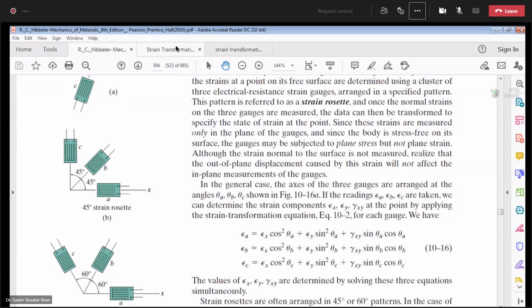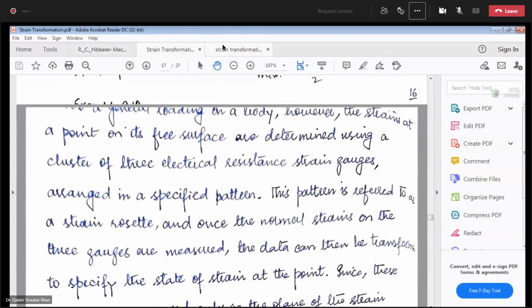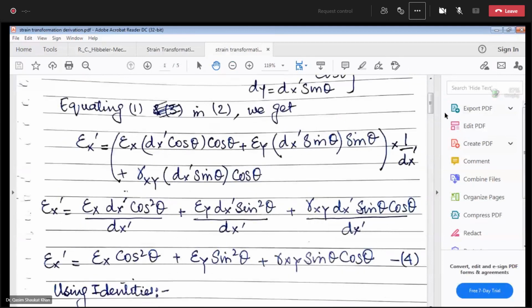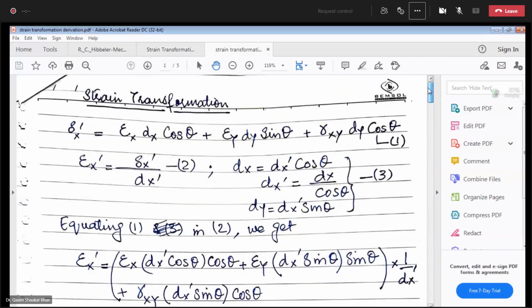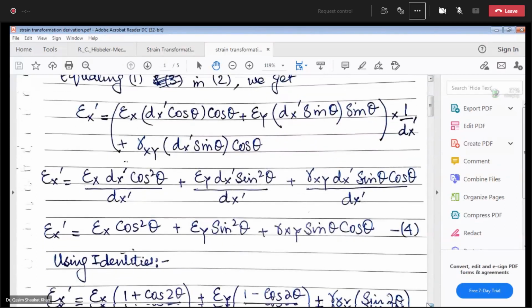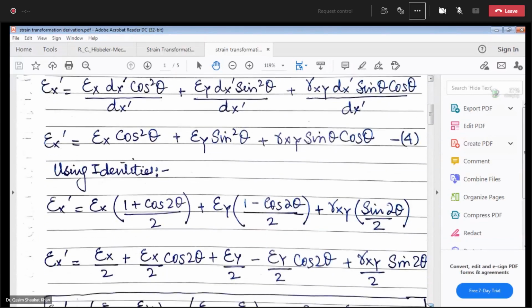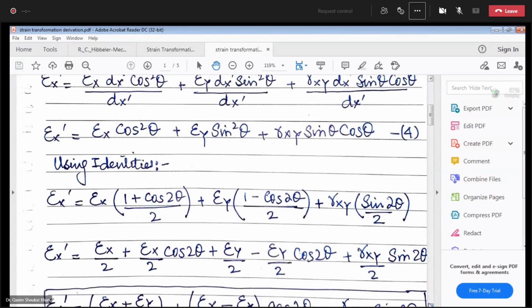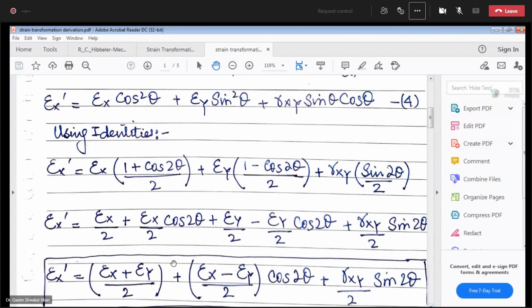If we go back to the strain transformation derivation, in your epsilon x dash derivation, before adding the identities, this was your final equation for the computation of the transformed normal strain about the x dash axis.